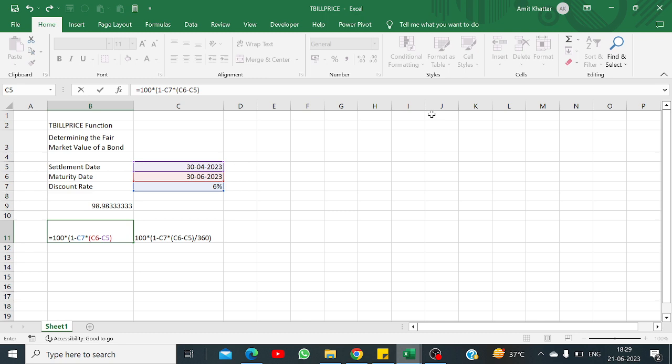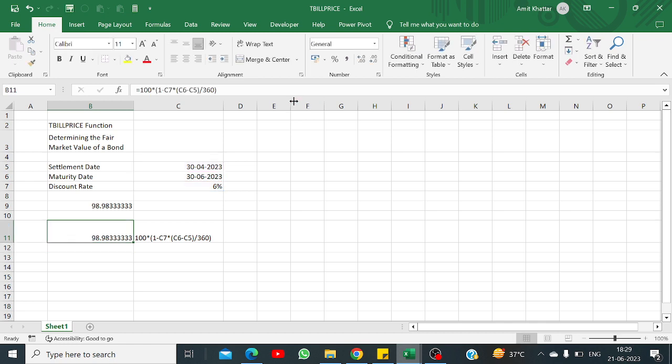Close this, divided by 360. So we are getting the same value, that is 98.983.